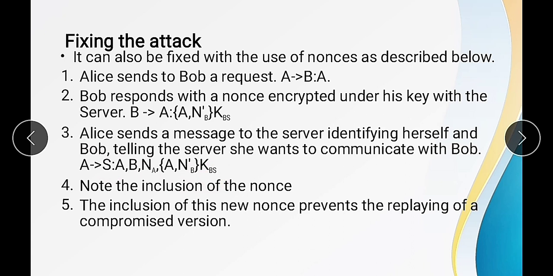Note that by using the nonce we can prevent the replay attack, as a nonce is an arbitrary number which will be known to the server, Alice and Bob. Okay, so because of that this attack can be prevented.